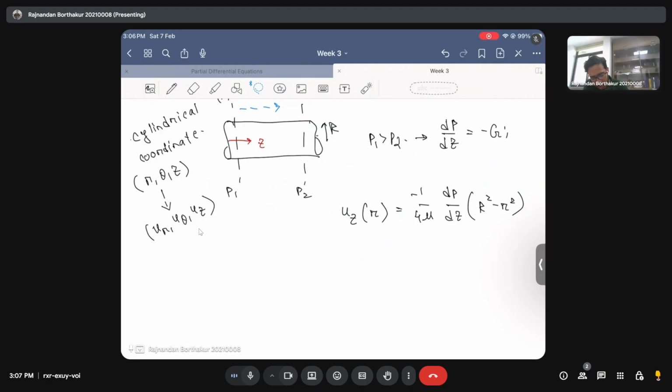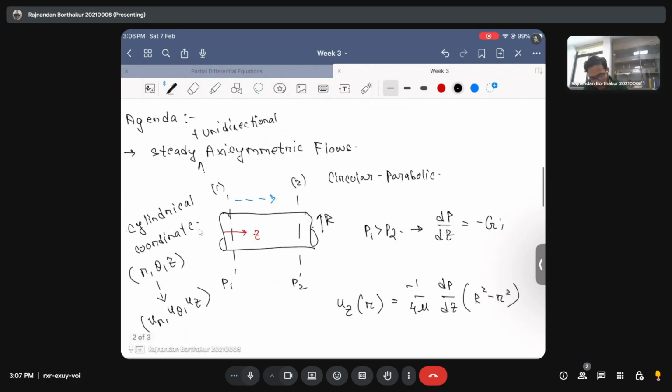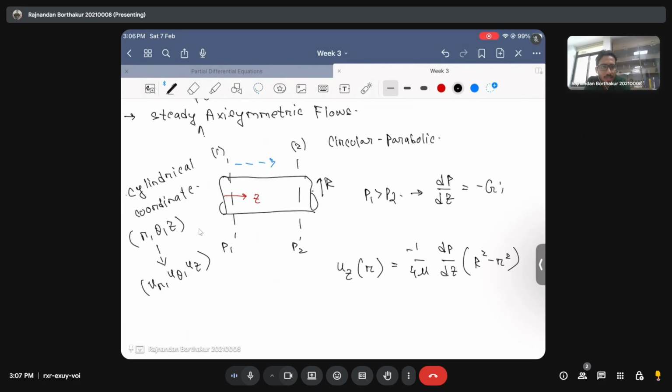Okay, so there are certain things you need to understand when you switch from Cartesian space to the axisymmetric cases. First of all, what exactly is the meaning of the word axisymmetry? The definition of axisymmetry actually differs from coordinate system to coordinate system.